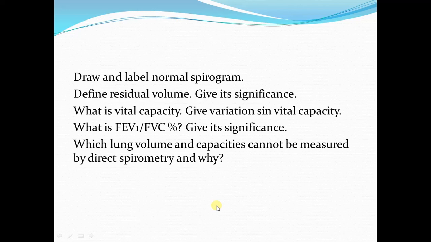Now I am going to tell you the important questions from the previous two lectures, from the topics that we have covered in the previous two lectures. So important questions are these. The question can come like, draw and label a normal spirogram. So all of you must know how to draw and label a normal spirogram.